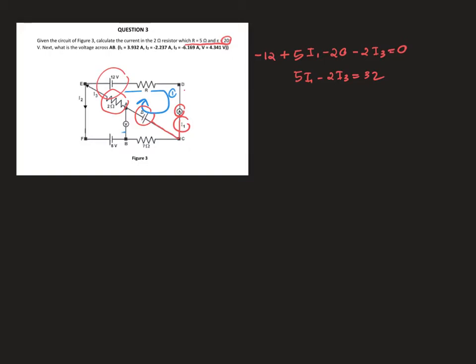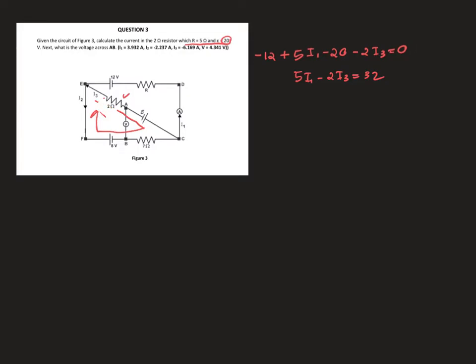We are going to proceed with the second loop, which I drew clockwise. I'm going to erase this first. Now we are focusing on the second loop, which is moving in a clockwise motion. I'm going to start with this 2 ohms here.